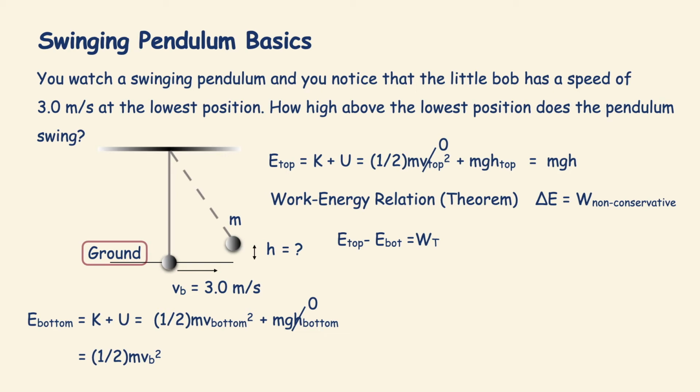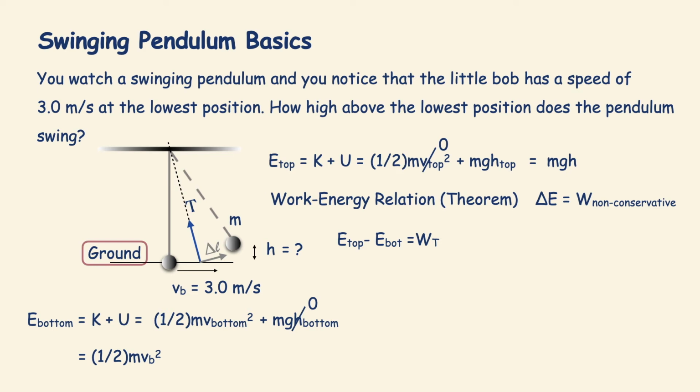So let's consider some intermediate position of the bob, and we know that the tension in the rope or the string will always be along that string, towards the center of the circle, or towards the top. At the same time, for a very small time interval, let's consider a very small displacement of the ball, delta L, and that delta L will be along the tangent of the trajectory. In this case, it will be along the tangent of the circular arc.